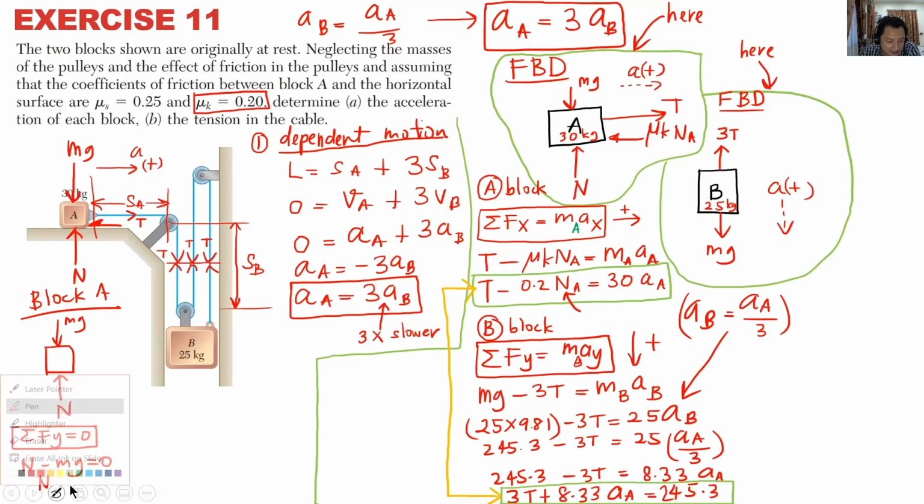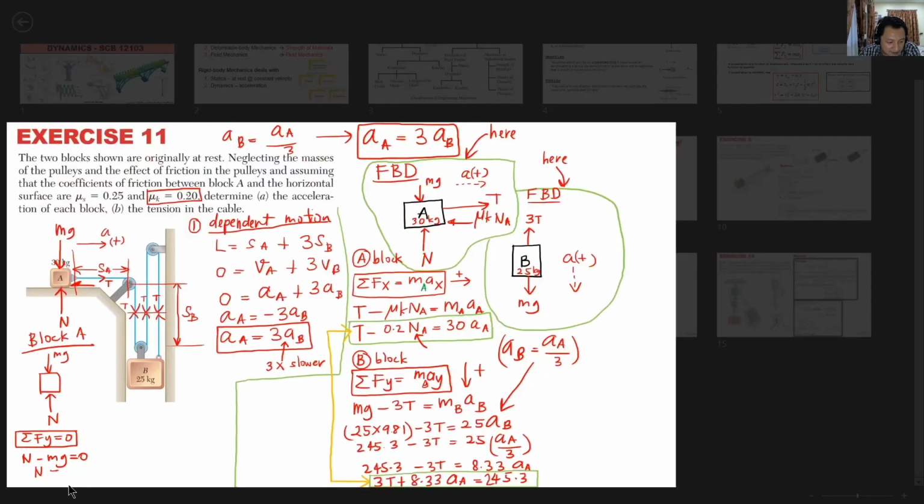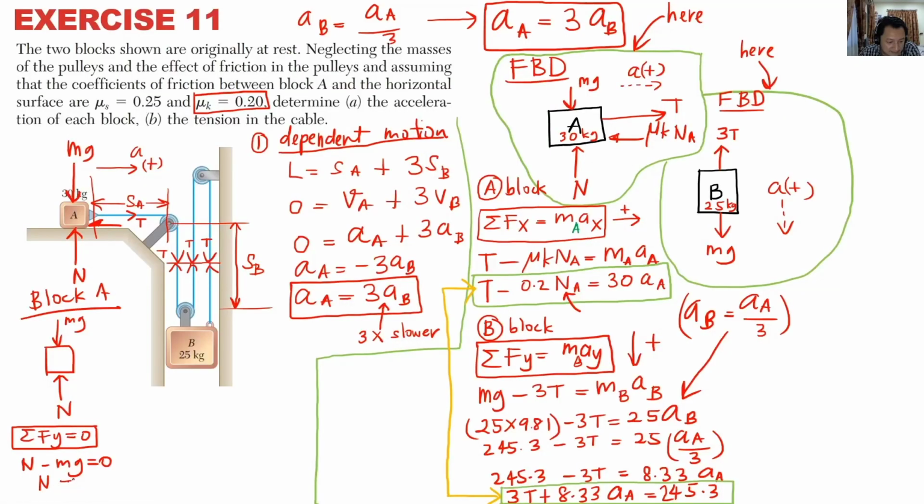So normal is equivalent. Okay, so you get the point lah. Normal is equivalent to mg, which is equal to, berat dia 30 kali 9.81. Berapa? 294.3. Otherwise you cannot solve so many unknowns.